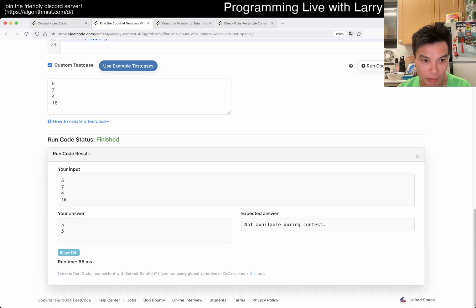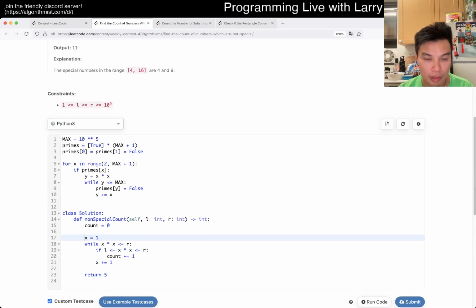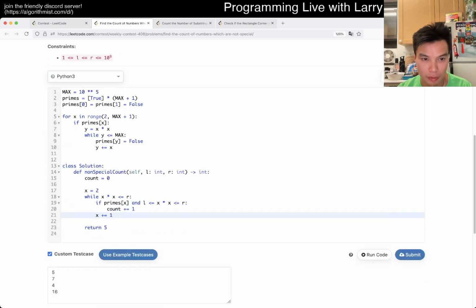They don't tell you the timing for these for some reason, but okay, fine. Yeah. Okay, and then now we just do 2, right? So if, why did I delete that one?